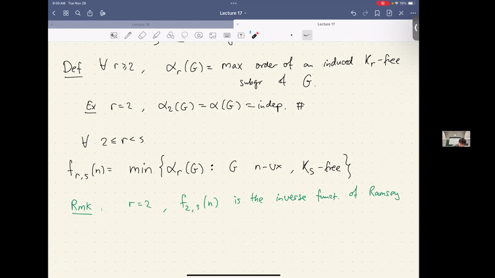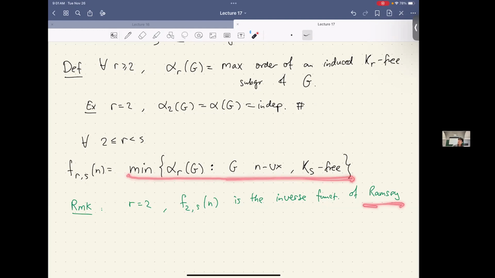Why is this true? If R equals 2, this is just the normal independence number, right? In the graph, which is KS3, this is basically the largest independent set we can always guarantee in the m vertex KS3 graph.